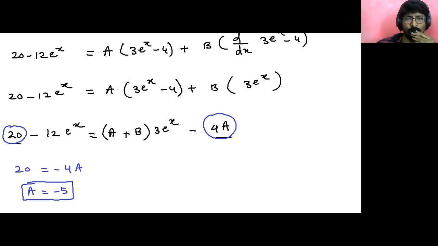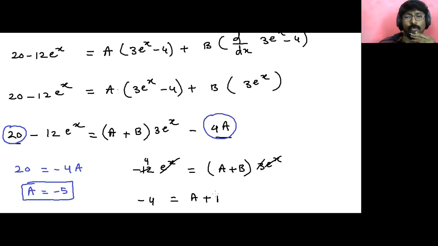Now what we're going to do is compare this negative 12 e power x with a plus b into 3 e power x. So 3 e power x and e power x will get cancelled. 3 ones are 3, 3 fours are 12. So negative 4 is equal to a plus b.